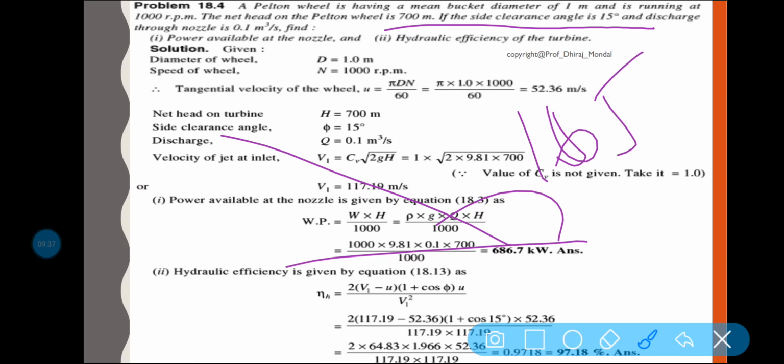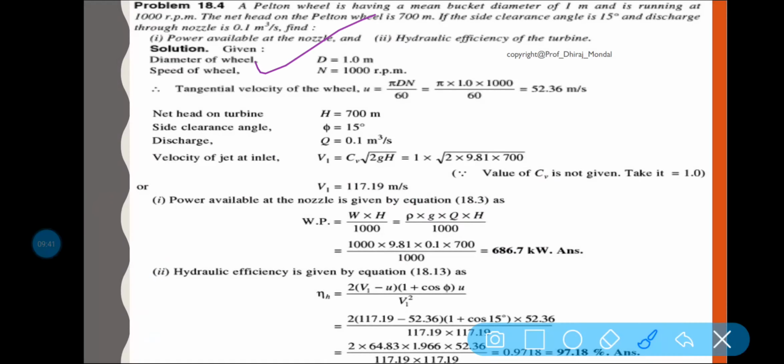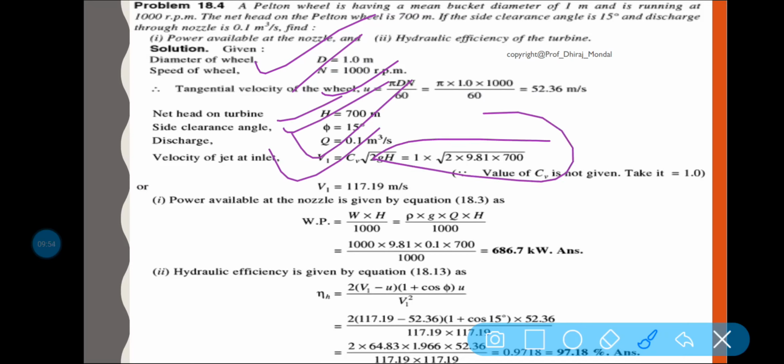From the given data, you can see D given, N given, you can find out pi D N by 60, u is given, phi is given, discharge given. So v1 you can find out as Cv root over 2gH. Put the value and simply you will get the answer: v1 is equal to 117.919 meter per second.